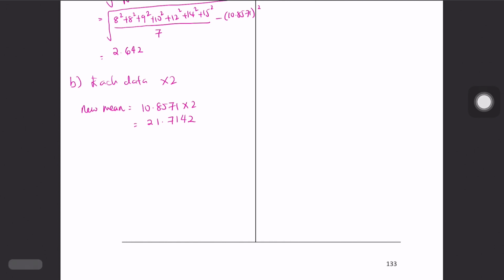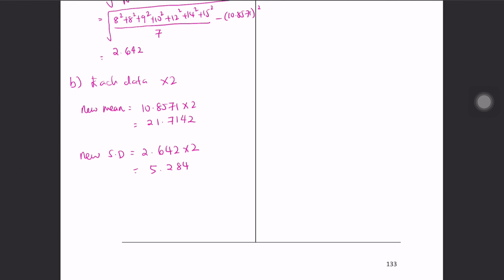Next, what else does it ask for? The standard deviation. So the new standard deviation is 2.642 times 2, which is 5.284.